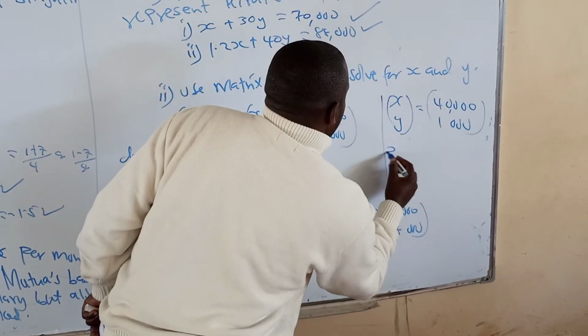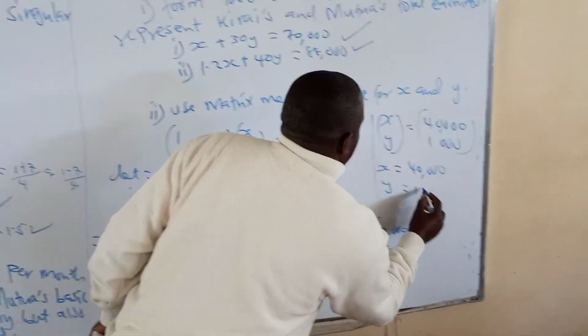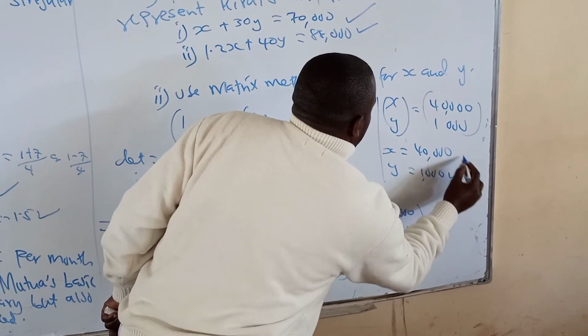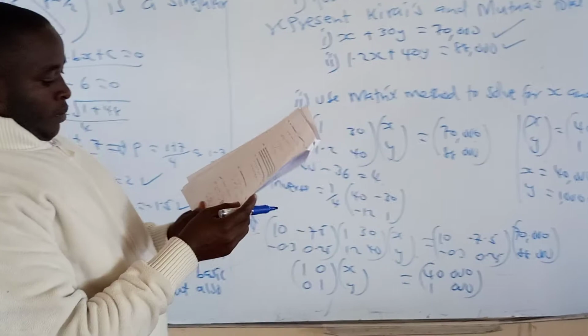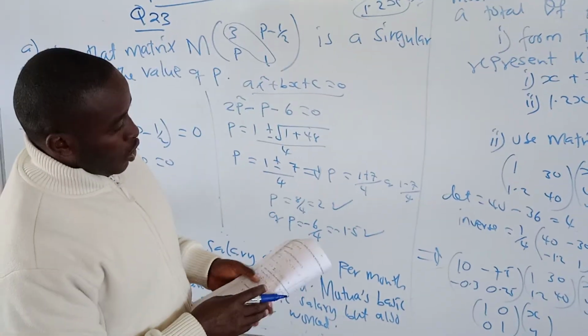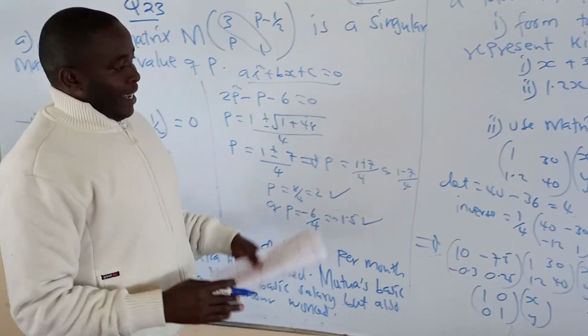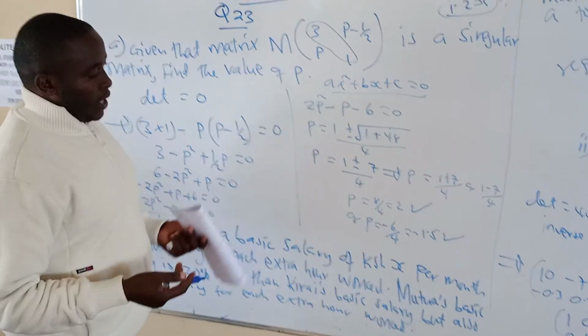So this tells you that x equals 40,000 and y equals 1,000. So this is what was required. We were required to use the matrix method to find the values of x and y. This is the simplest way of doing these questions.